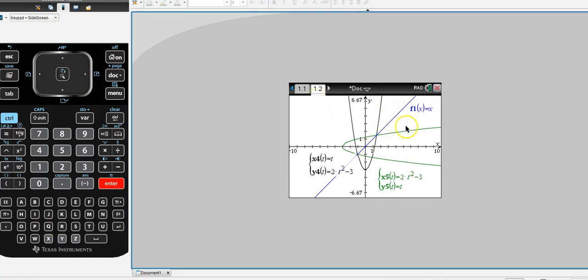Remember that inverse functions reflect over the line y equals x, so these are inverses of each other. And notice the second one I graphed is not a function, so it allows me to graph the entire inverse even when it's not a function. So switching the x of t and the y of t functions just gives us the inverse. So this is a really easy, nice way to graph inverse relations even when the inverse is not a function.